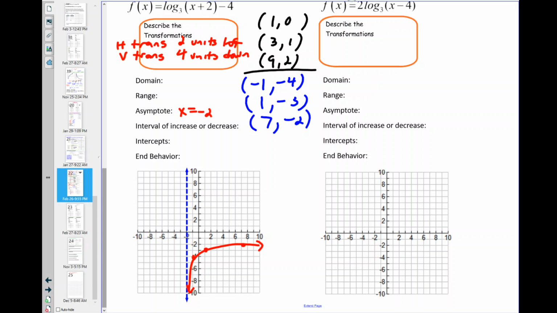Gabby, what's the domain? Not negative 1.